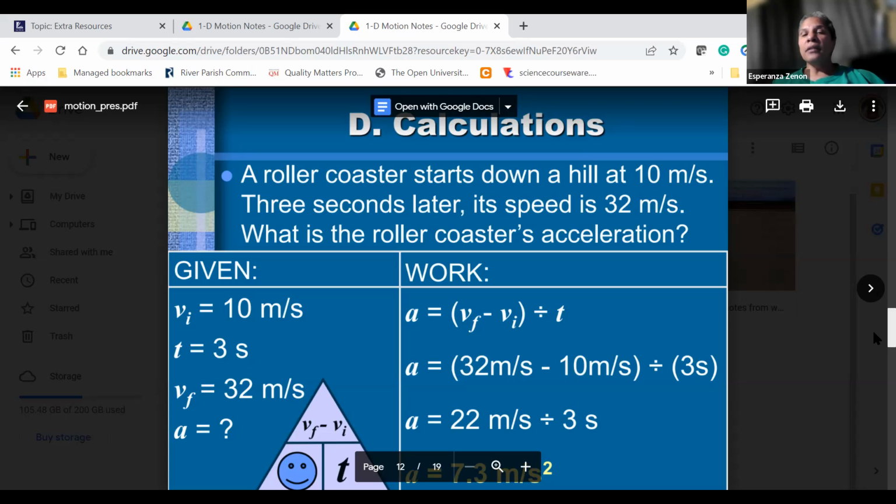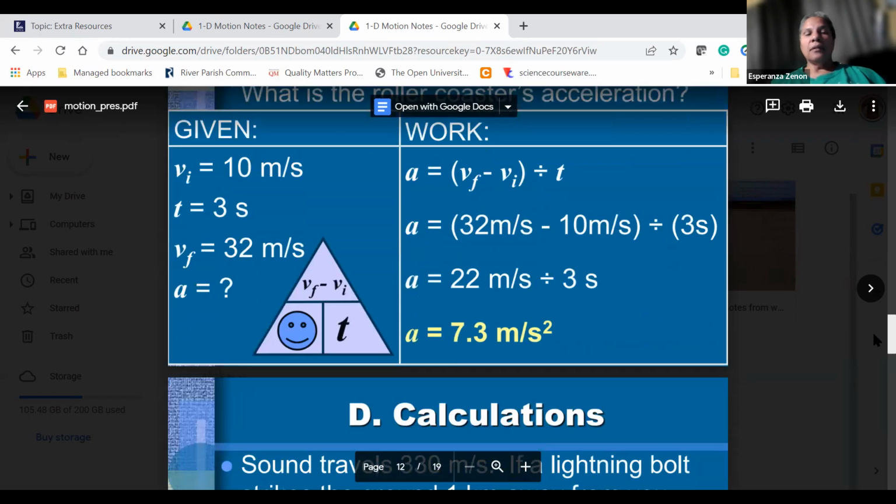How long does it take to do that? 3 seconds. So if we know the starting and final velocities and the time interval, we can find out how much acceleration. Okay. So we're given the start and final velocities, the time elapsed. So let's go to the pyramid. If I want A, I have to do VF minus VI divided by T.